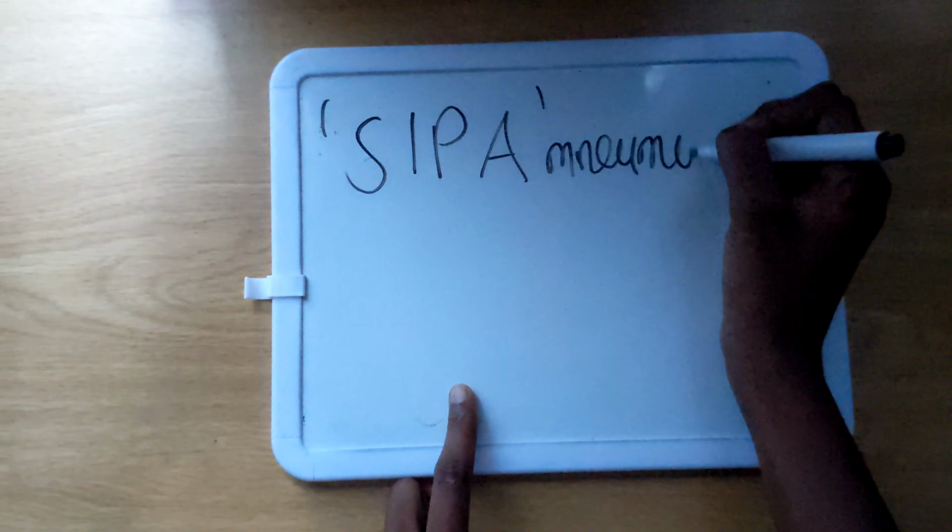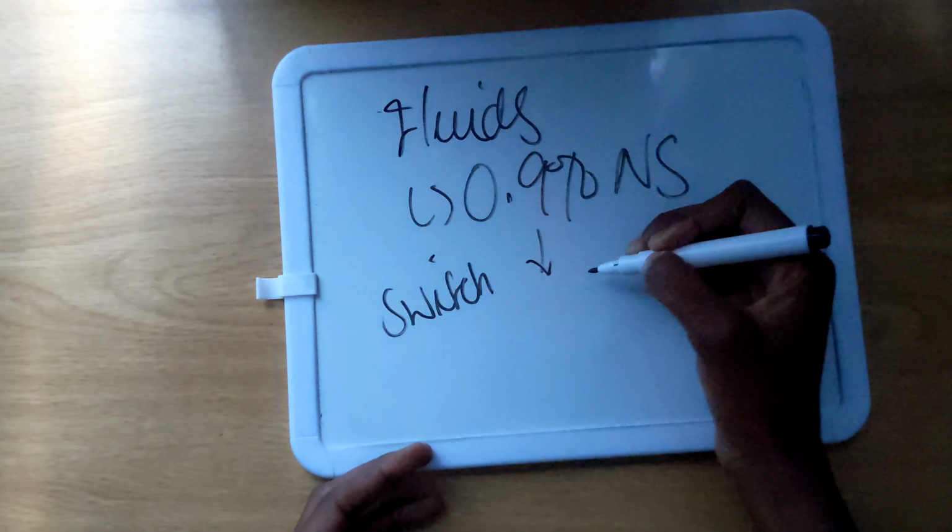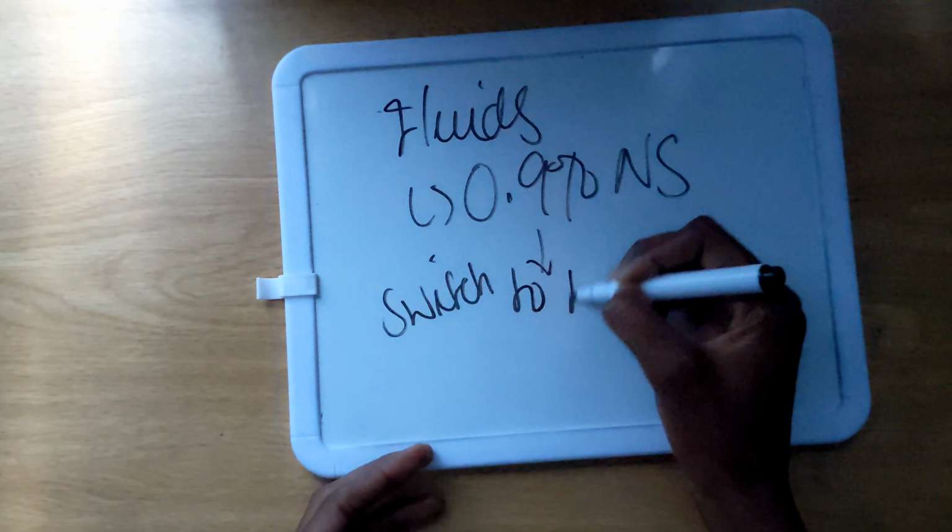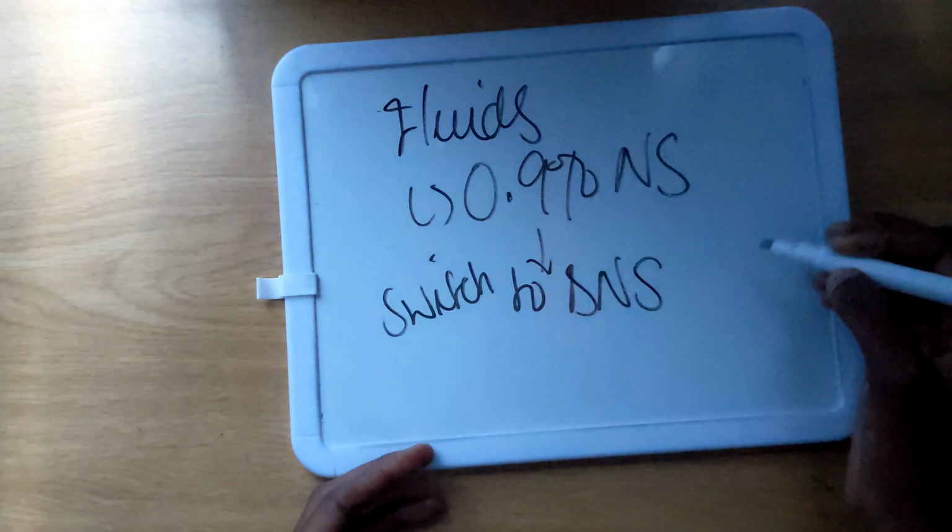So when you are giving fluids, remember in the other video, if you haven't watched that video, please do. In that video I talk about how to calculate the fluids. So when you're dealing with fluids, you give 0.9% normal saline, and then later on you will switch to DNS.